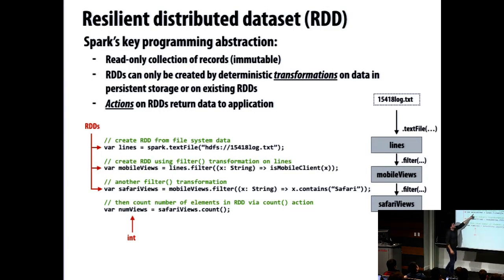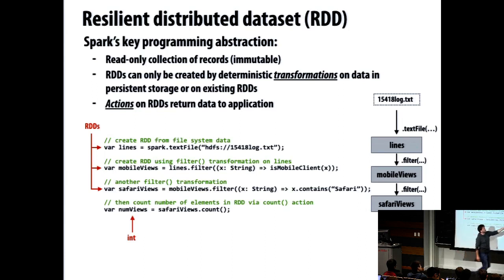Here I'm creating a new sequence, which came from filtering the original sequence using this predicate. So that's my isMobile client. So now I have a new sequence. And now I can filter again, which says, OK, for all the mobile clients, I want to filter again to find only the ones that contain Safari. And then I want to know how many Safari page views did I have, so I'll just call count on the resulting sequence.